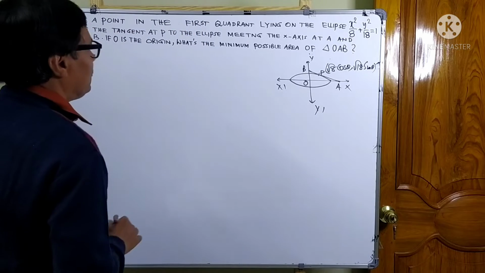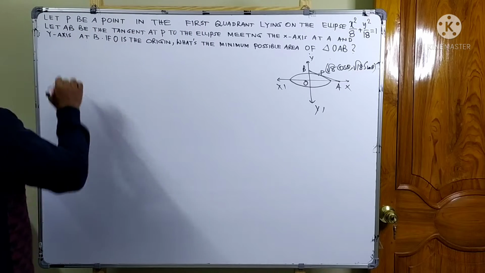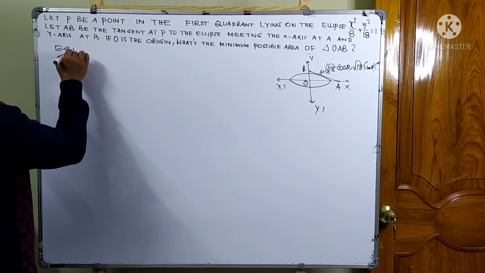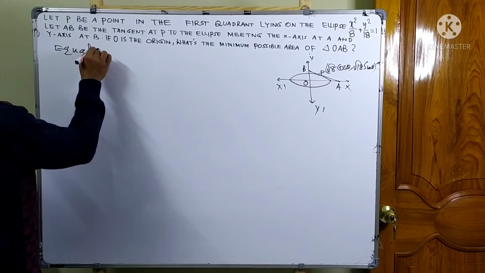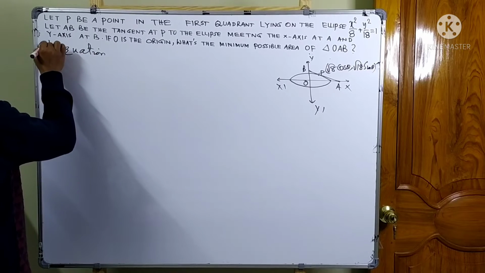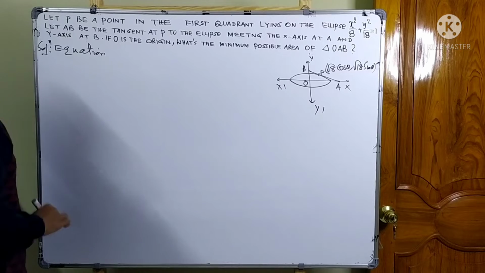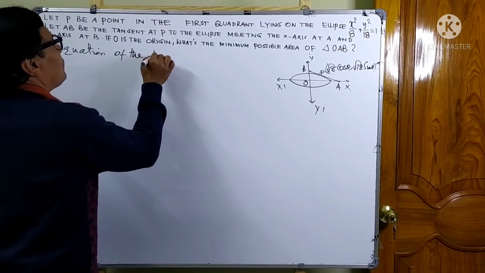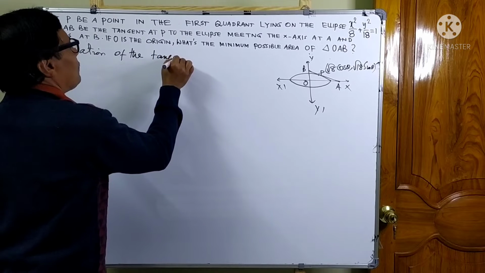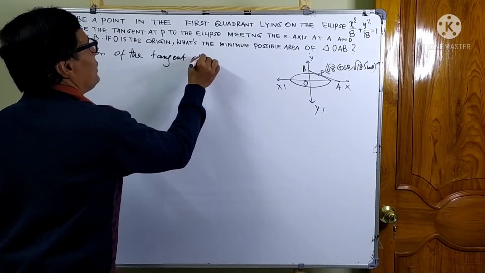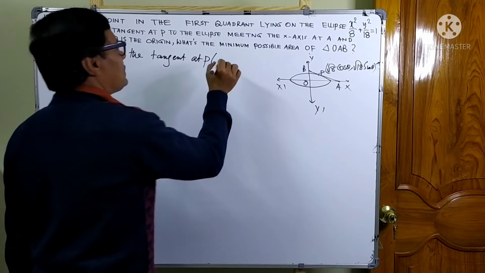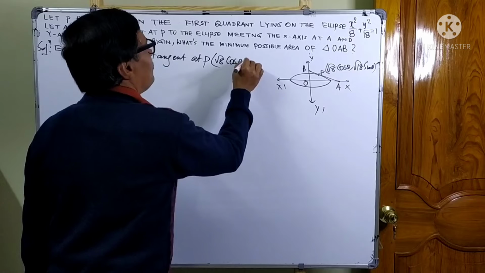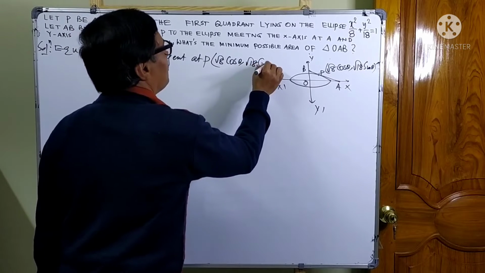Now, we can write the equation of the tangent AB. The equation of the tangent at P, whose coordinate is root 8 cos theta, root 18 sin theta.